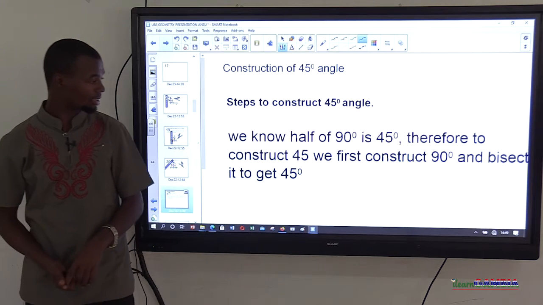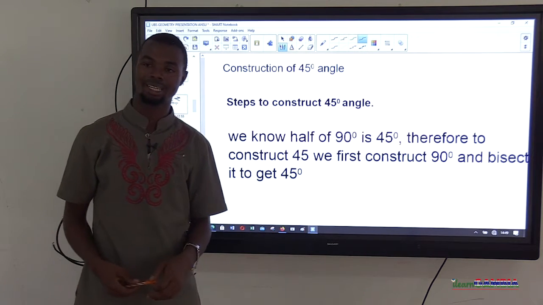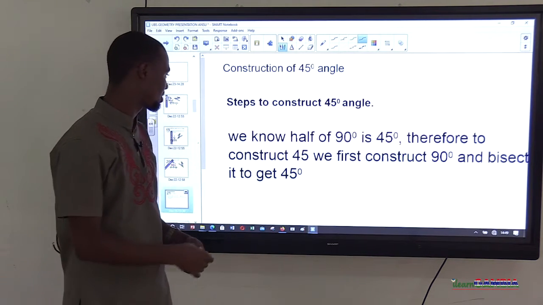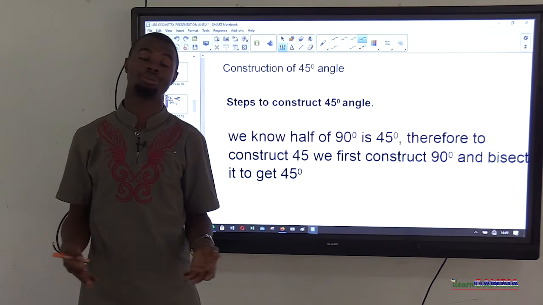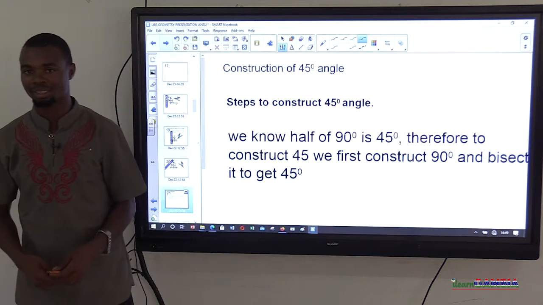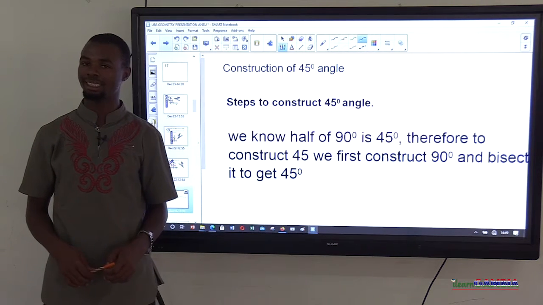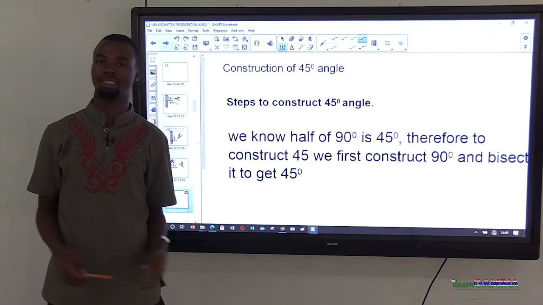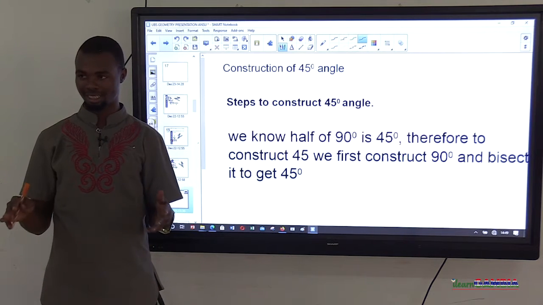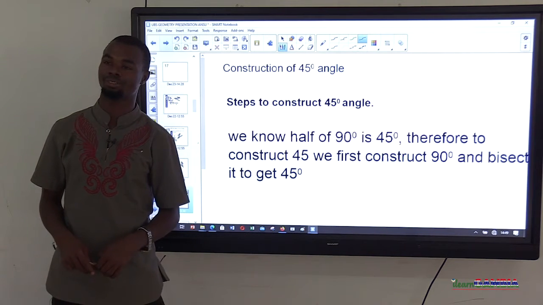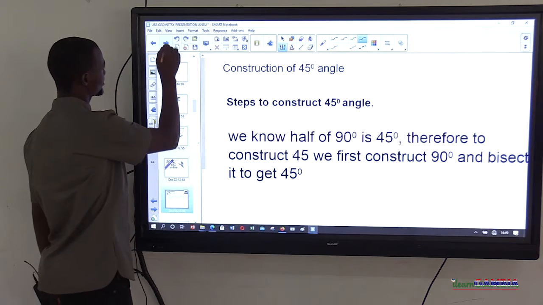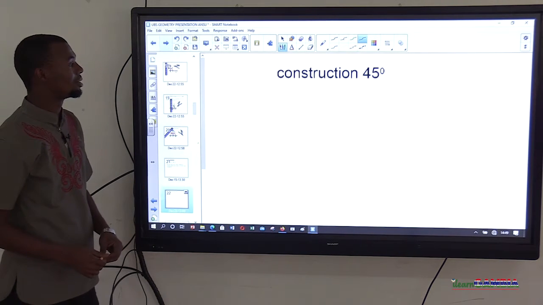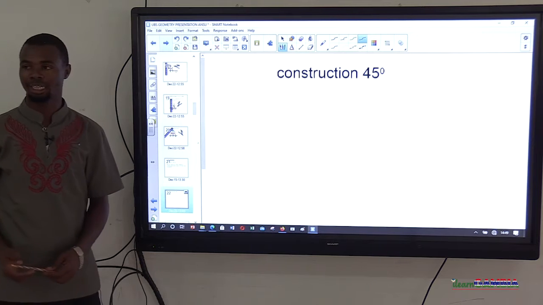The steps that we learned to construct 90, any of them, we will use to construct 90 degrees. If we finish constructing 90 degrees, we bisect the 90 degrees to get the 45 degrees. So let's do that quickly. First, we construct 90 degrees.